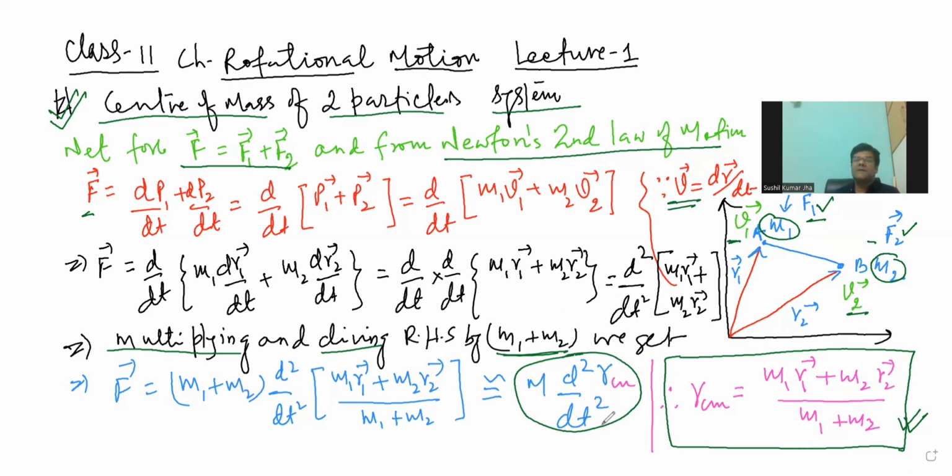Because we know we write velocity in terms of position vector v as dr by dt and acceleration can be dv by dt, so it becomes d2r by dt square. And from this we write rcm as m1 r1 plus m2 r2 divided by m1 plus m2.